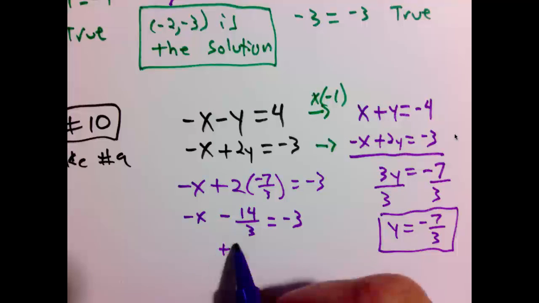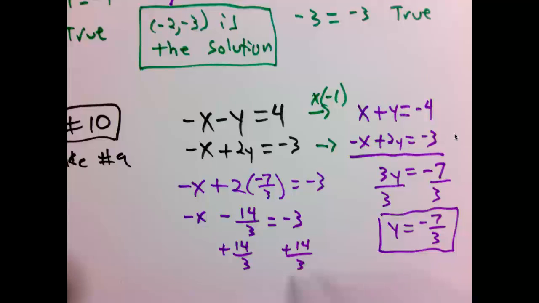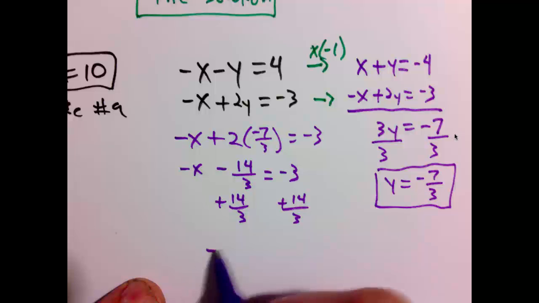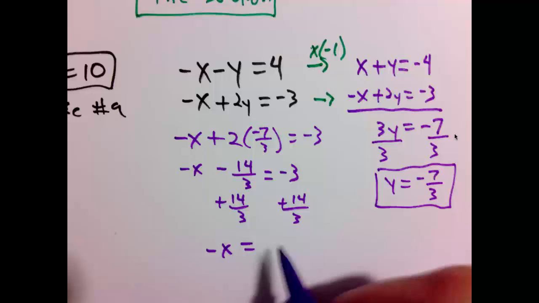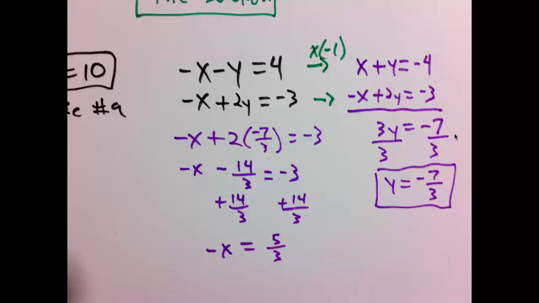Adding 14/3 to both sides, negative x will be 5/3. Dividing both sides by negative 1, we get x is negative 5/3.